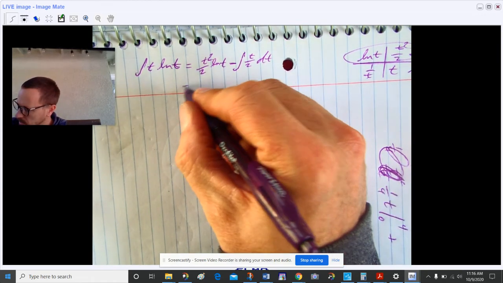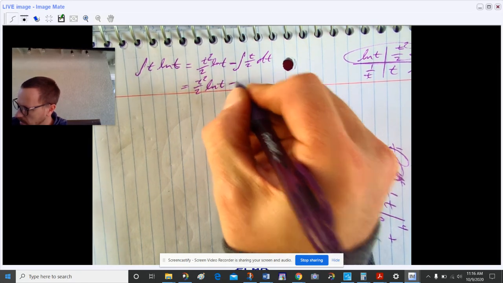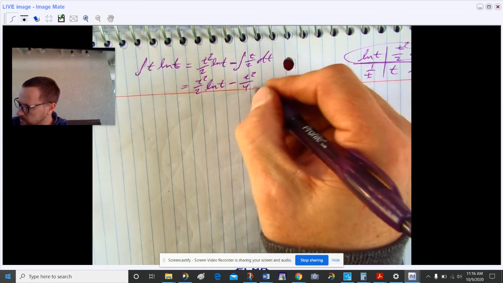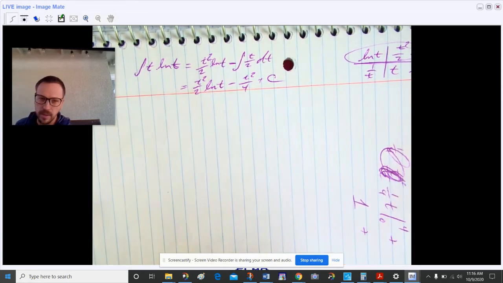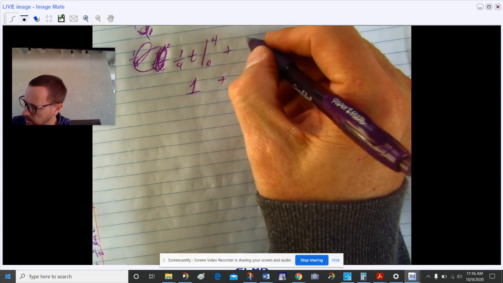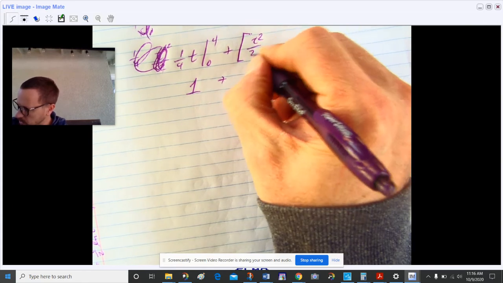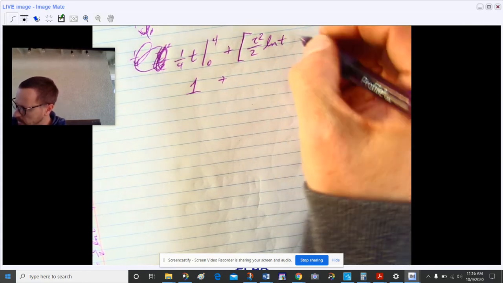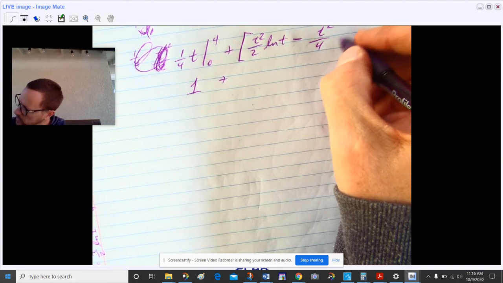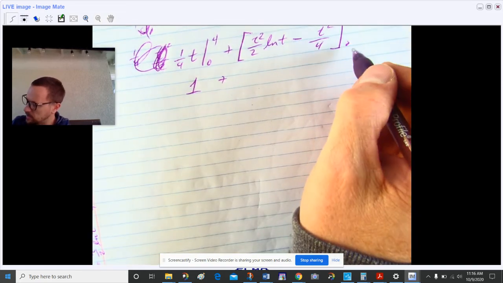This then ends up being t squared over 2 natural log of t minus t squared over 4, plus c. So we'd have t squared over 2 natural log of t minus t squared over 4, going from 0 to 4.